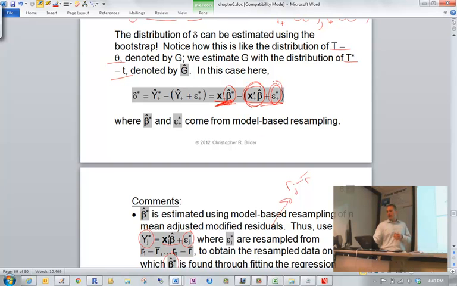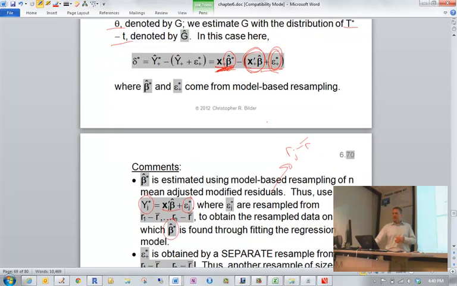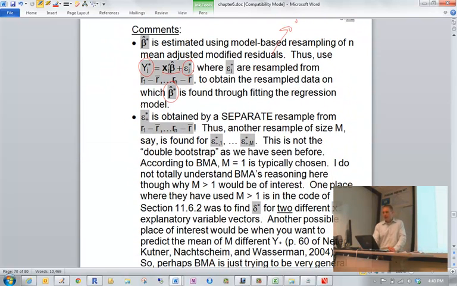But what about this guy right here, this epsilon star? Well, this is where you need to take another resample to get it. So epsilon star plus is obtained from a separate resample from your mean adjusted modified residuals.